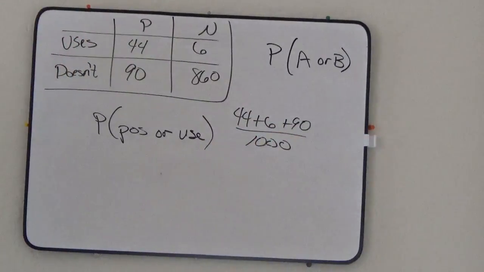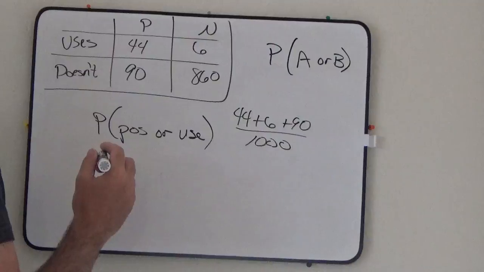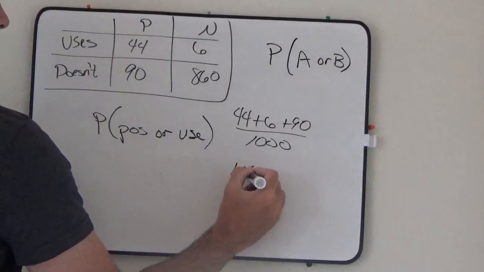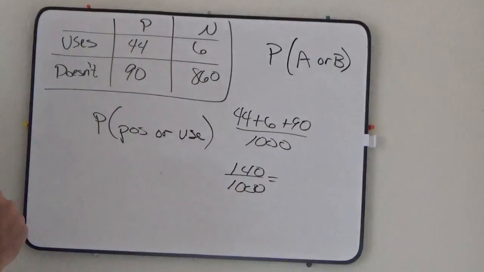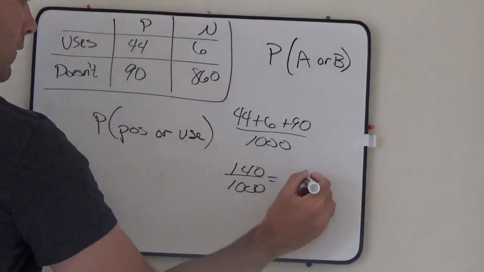When we solve that, what we end up getting is 140 over 1,000. You hit 140 first in your calculator, hit the divide button, punch in 1,000, enter, and you get 0.14.